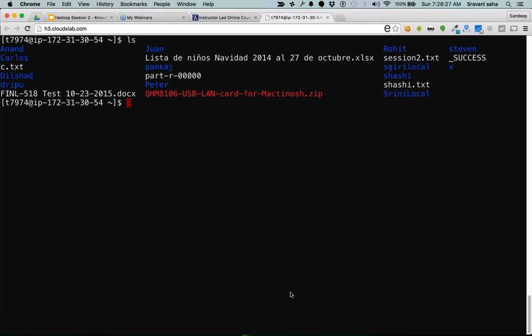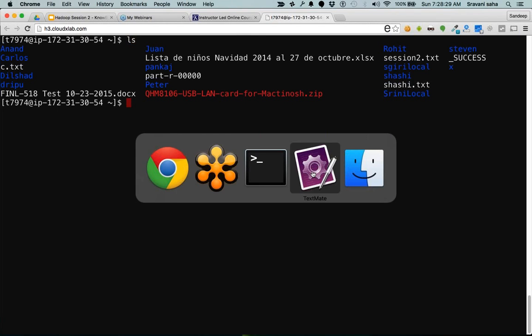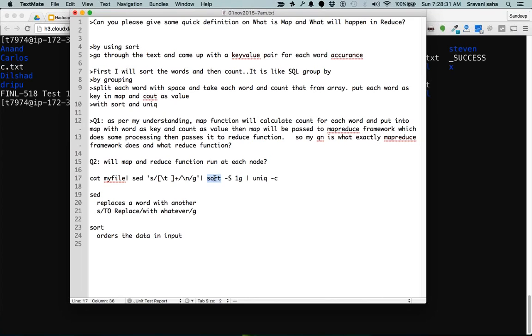But again, if we try to create a hash table using awk and try to put a word, the problem will remain the same. The memory overflow will occur here also. Alright, now there are a few more things I forgot to tell you about this command called sort.